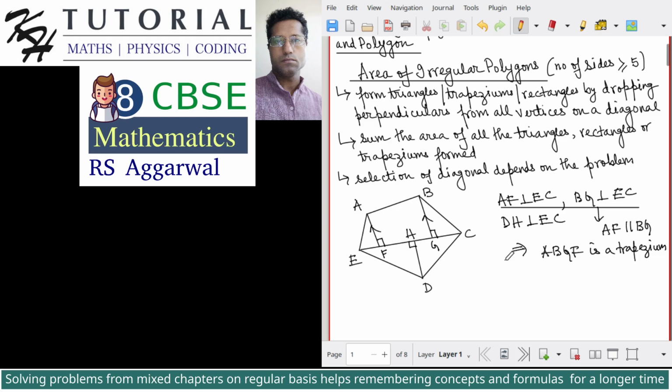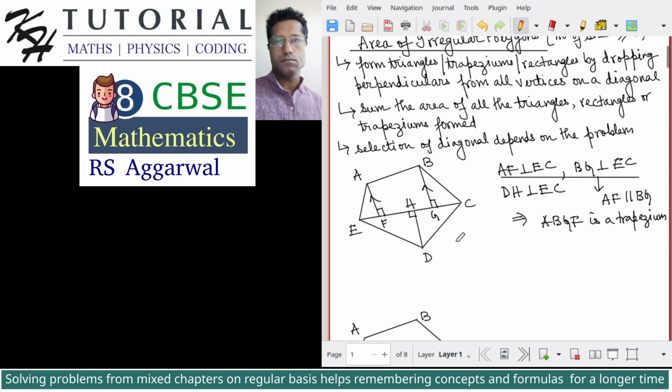We have AF perpendicular to EC and BG perpendicular to EC. Now let's consider the lengths of the perpendiculars. Let's say AF is H1, BG is H2, and HD is H3. That is, the lengths of the perpendiculars are H1, H2 and H3.